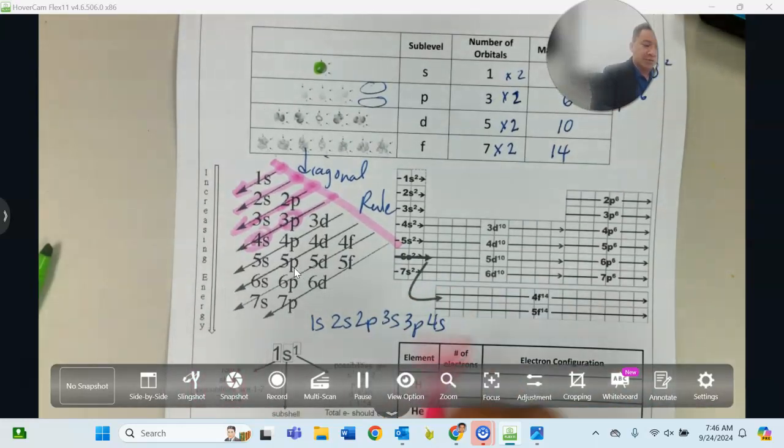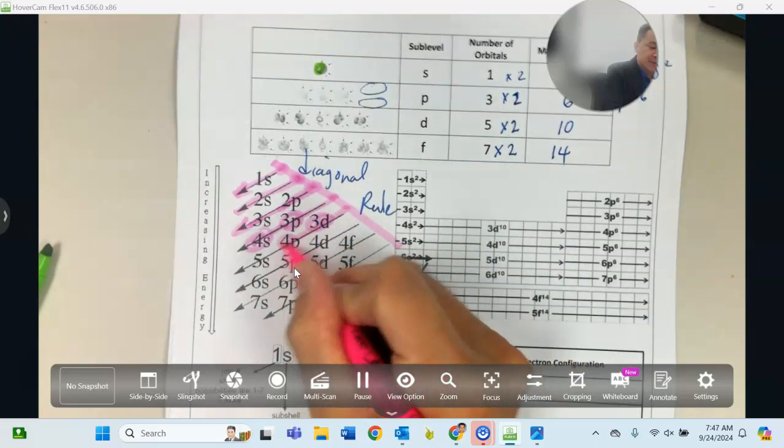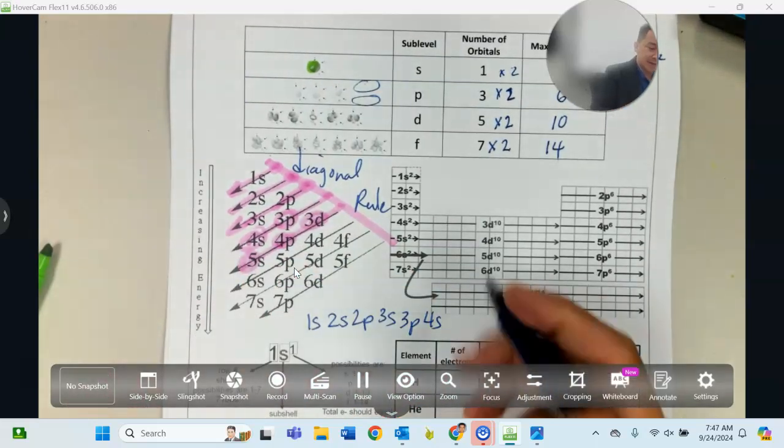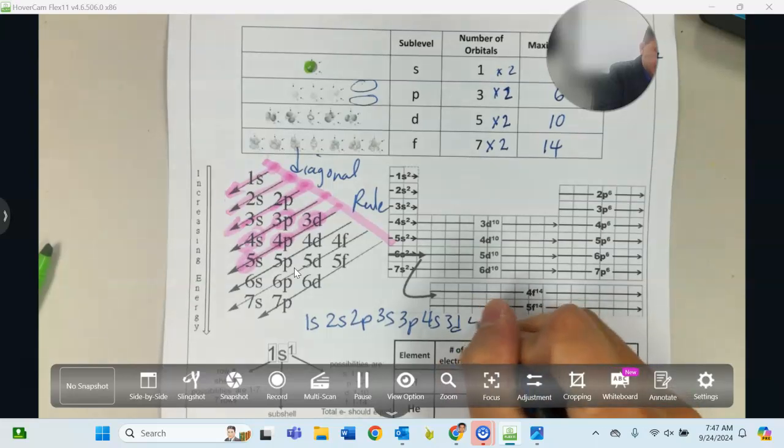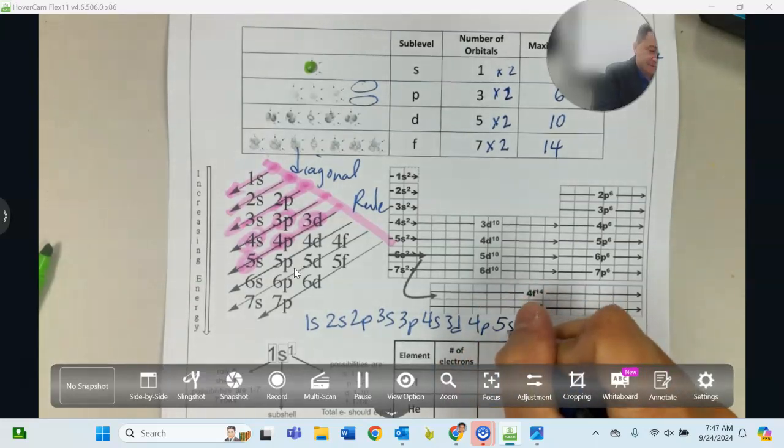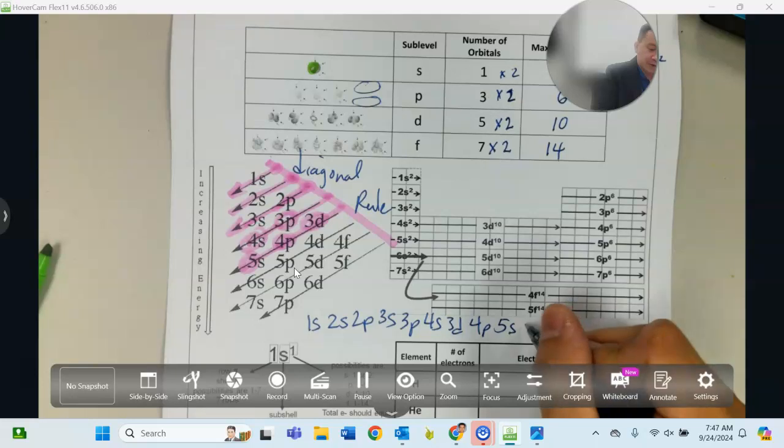So 3s, after 3s is 3p, and then 4s, 3d, 4p, 5s, and then 4d.